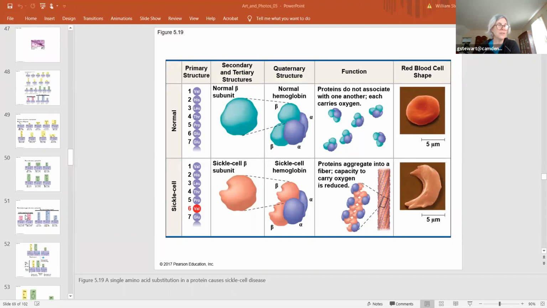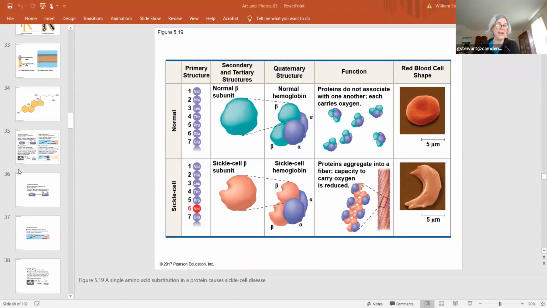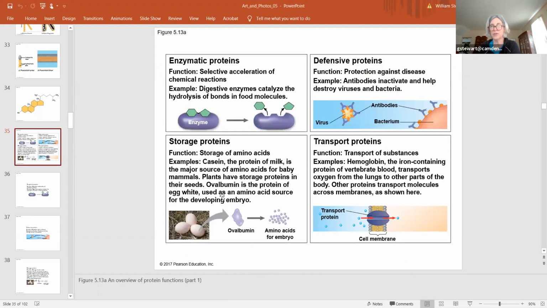Now, as far as the functions of proteins, as I mentioned, proteins sort of do everything in cells. I believe your textbook lists 8 functions of proteins. I would expect you to be able to recognize these functions. I'm not going to ask you for the examples.